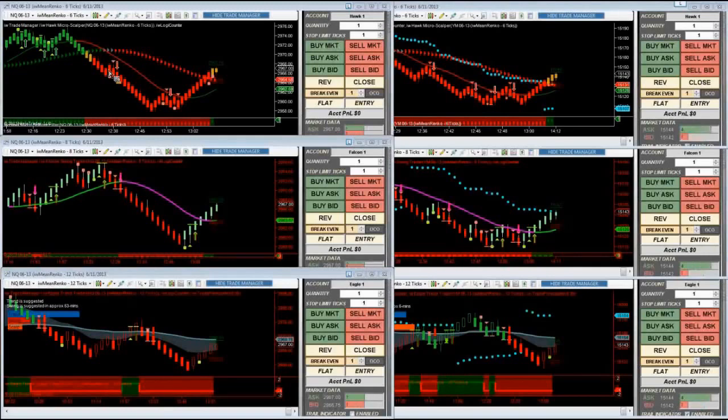If you do those three things, then you're going to be well on your way, and you're going to start printing some numbers in the black for a change. But are you going to be successful if you look at Renko bars versus 5-minute chart or regular candlestick charts? No, that's not going to make a difference.